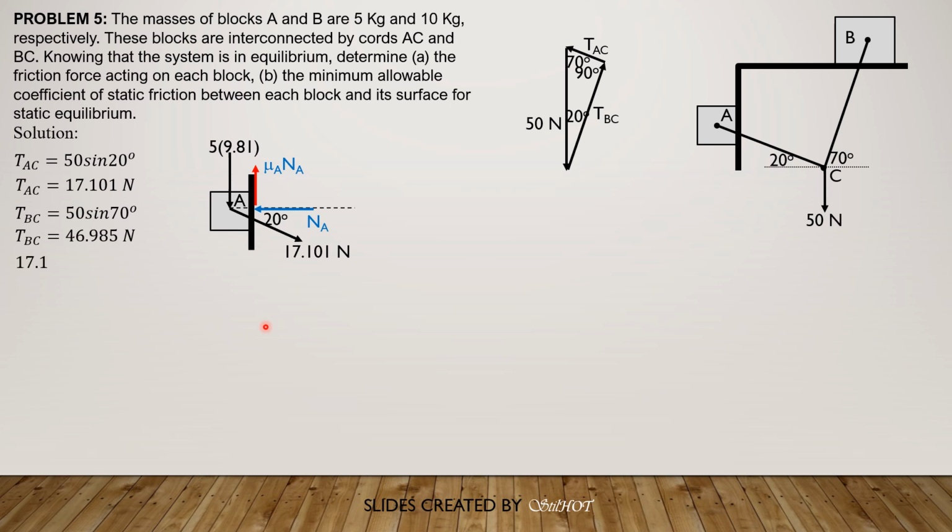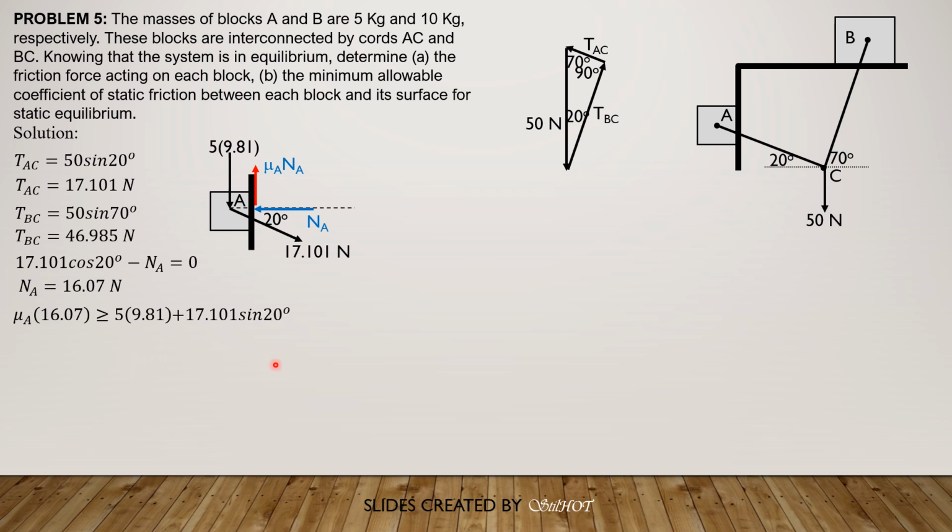So summation forces horizontal equals 0, 17.101 cosine 20 degrees minus NA equals 0, so NA is 16.07 newtons. Then, therefore, summation forces vertical, the friction force of body A should be equal to 5 times 9.81, then plus 17.101 sine of 20 degrees.